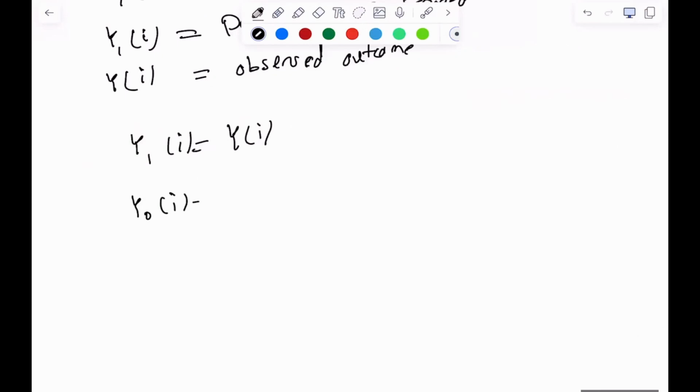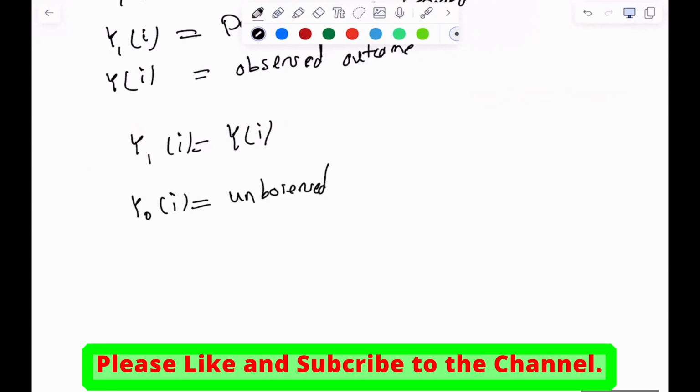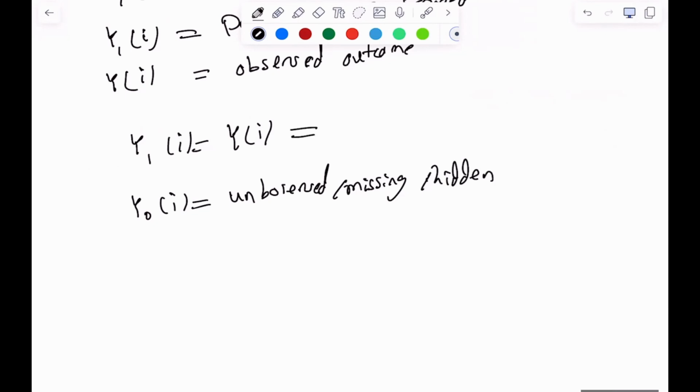And then y0 of I is unobserved, missing. This is the most important thing I want to tell you. Hidden. In the language of causal inference, we call this one factual or observed. We call this one unobserved, missing, or hidden, or counterfactual.